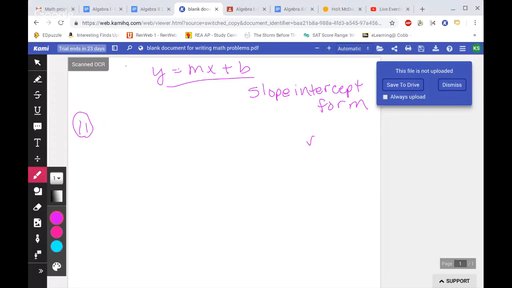What is rise over run? Can anybody tell me? When I say that, what am I referring to? Anybody know? That's slope.